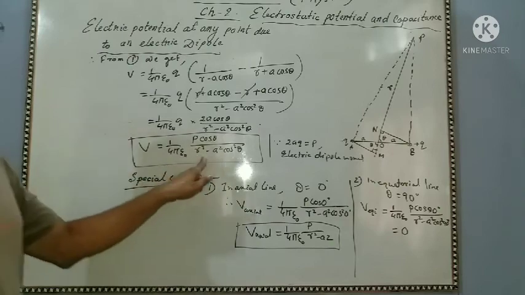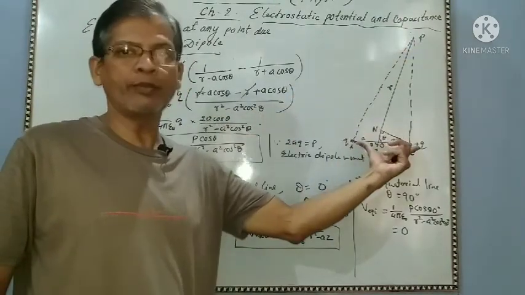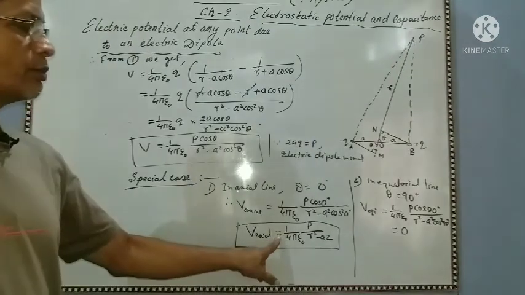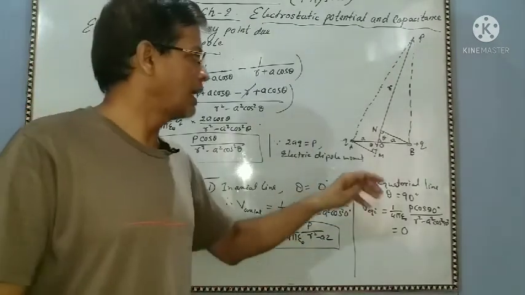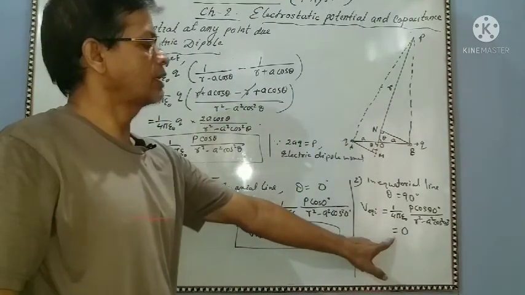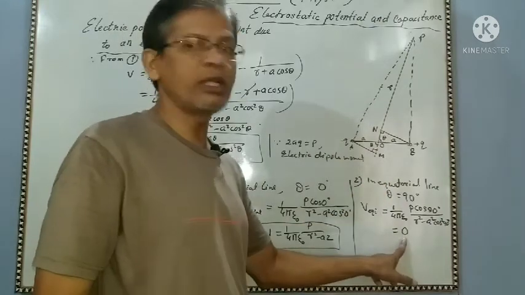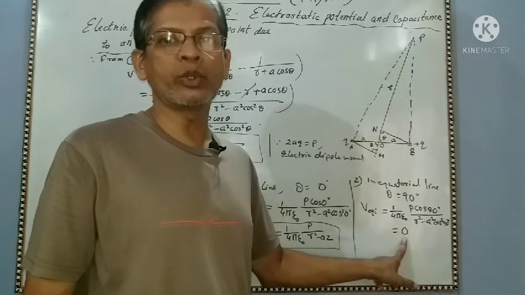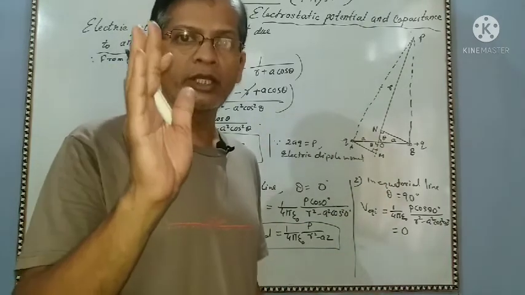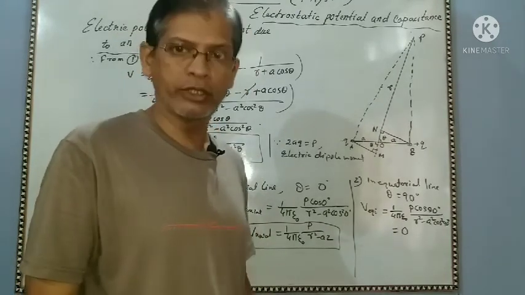So this is the expression for electric potential at any point due to the dipole, this is for the axial line, and in the equatorial line, electric potential due to a dipole is 0.